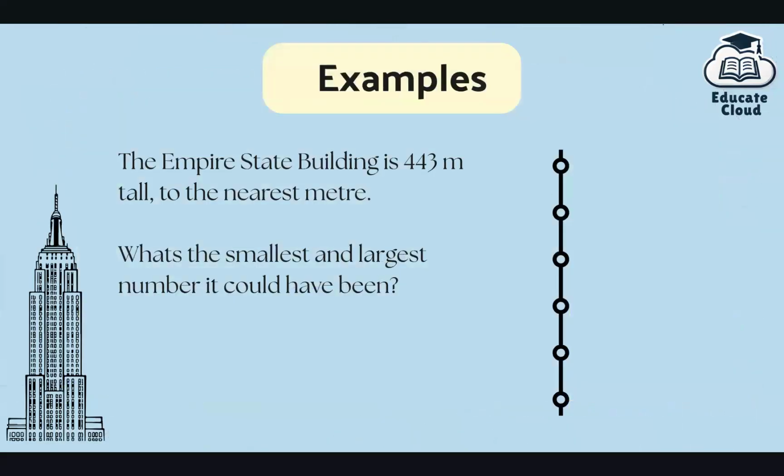Now here we've got another example. Again, this is more of a real world application. The Empire State Building is 443 meters tall to the nearest meter. What's the smallest and largest number that it could have been?